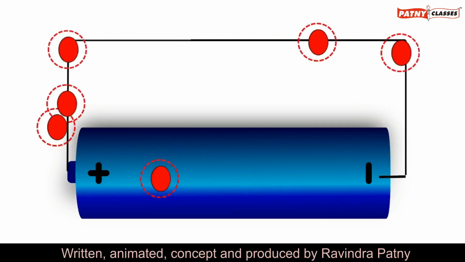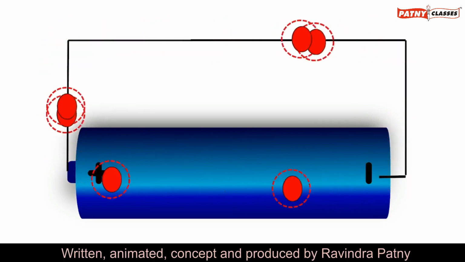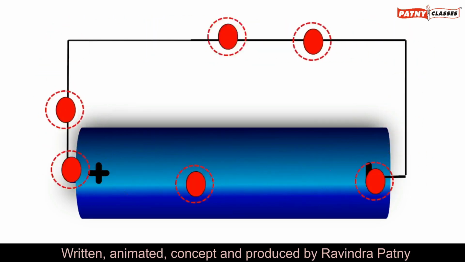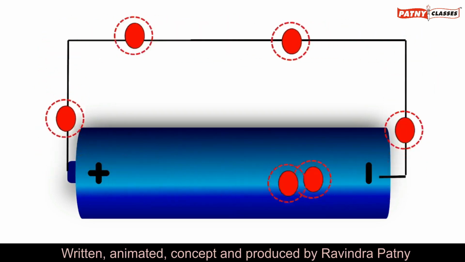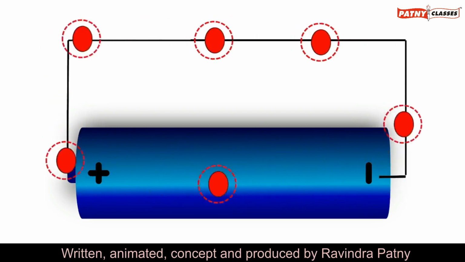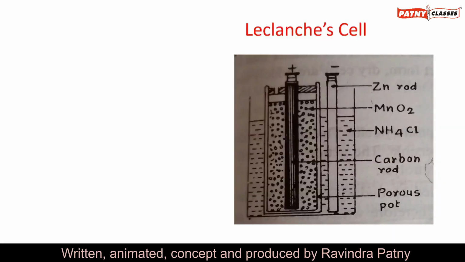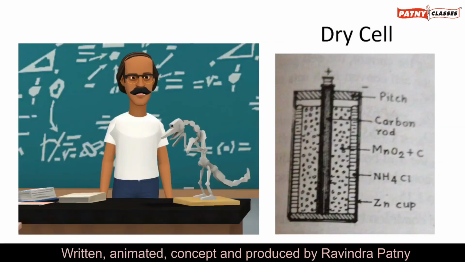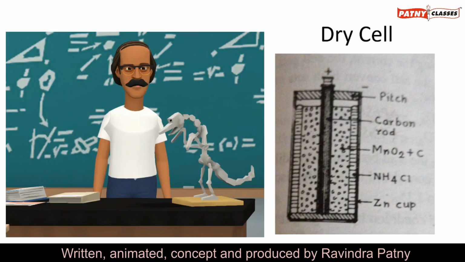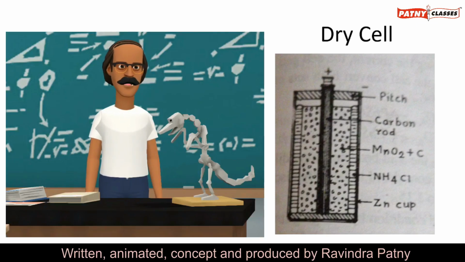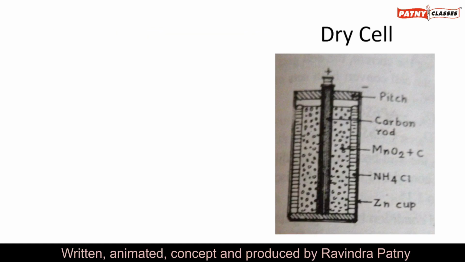In this way, the electric current flows continuously as long as the cell possesses chemical energy. Daniell cell, Leclanché cell, and dry cell are some examples of electric cells. In an electric cell, a chemical reaction takes place and we get electrical energy.